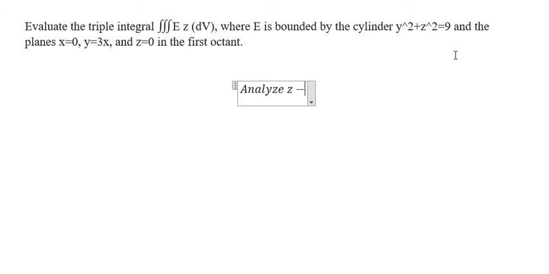z will go first, then y, then x. About z, we have y squared plus z squared equals 9.